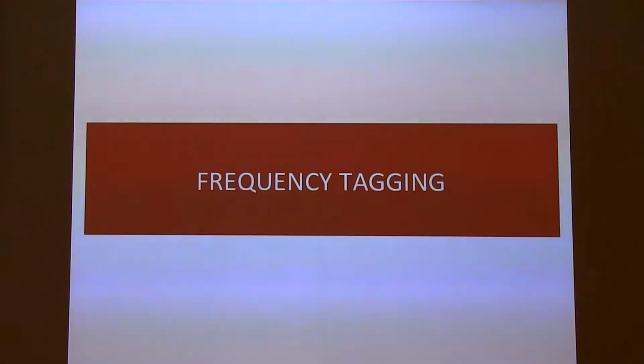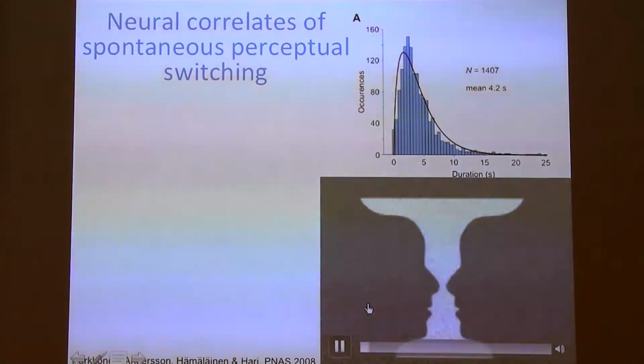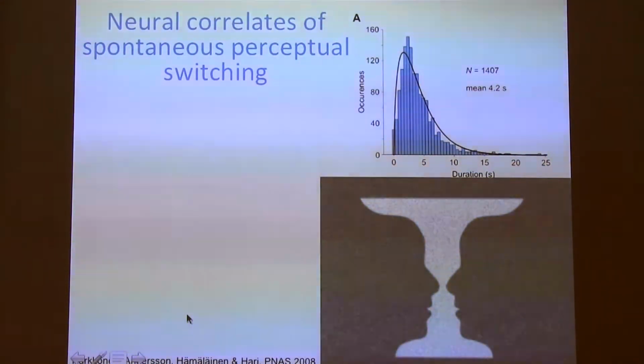And first, frequency tagging is that you put some extra frequency to your stimuli. Like here, for example, you know this famous Rubin's face picture. So typically people at a certain distance, this percept changes at each, let's say, 5 seconds or something or less.